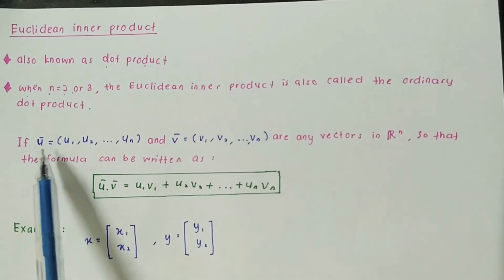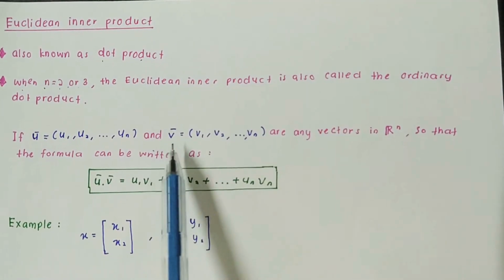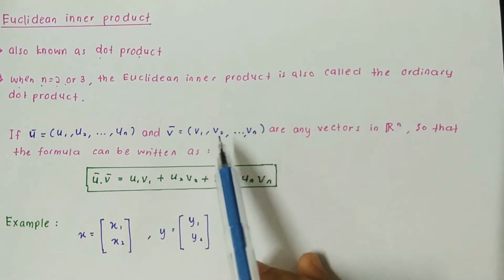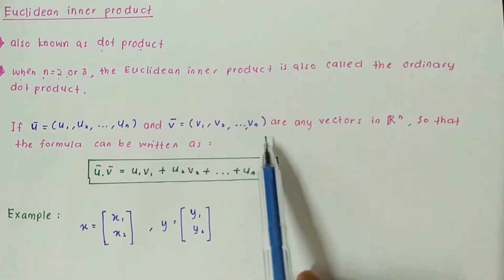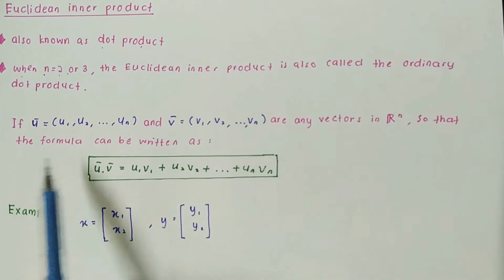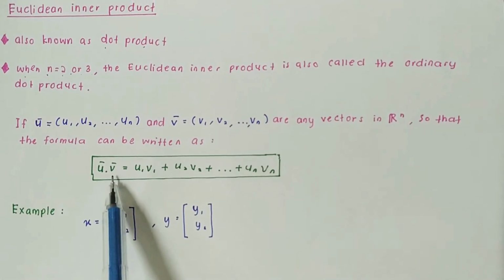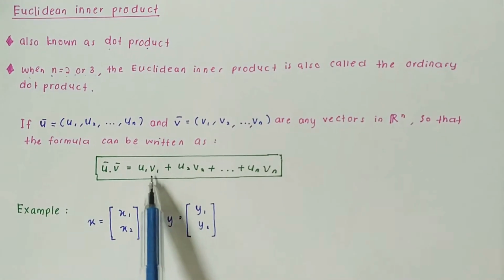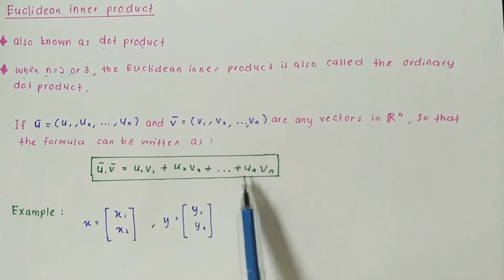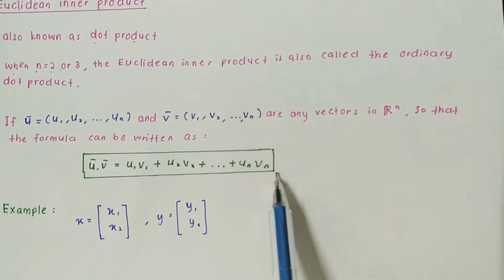If u bar equals (u1, u2, until un) and v bar equals (v1, v2, until vn) are any vectors in Rn, then the formula can be written as u bar dot v bar equals u1 v1 plus u2 v2 plus until un vn.